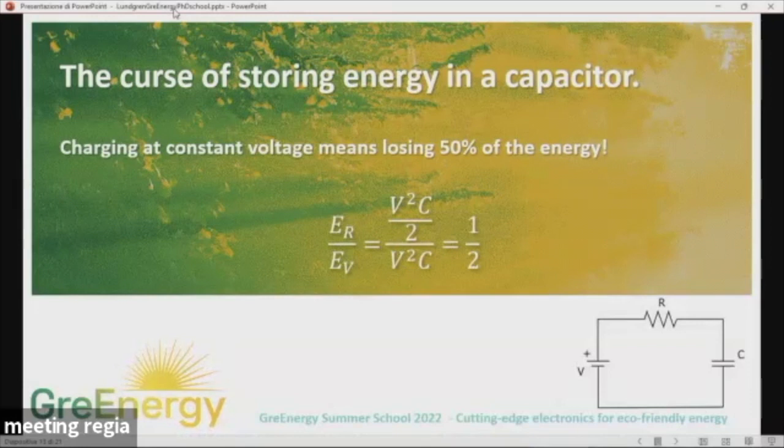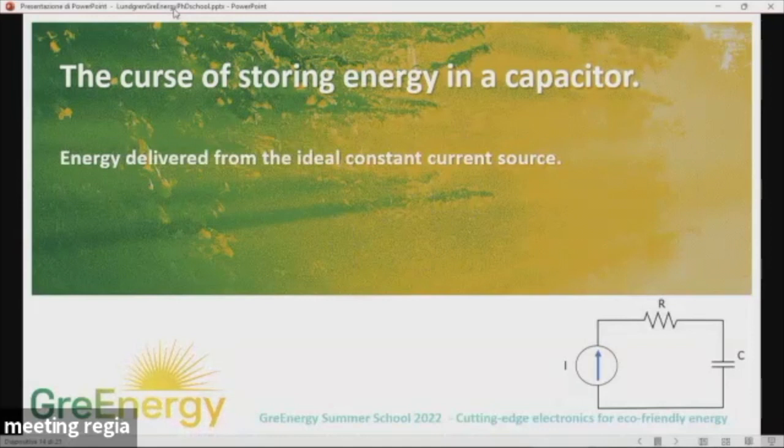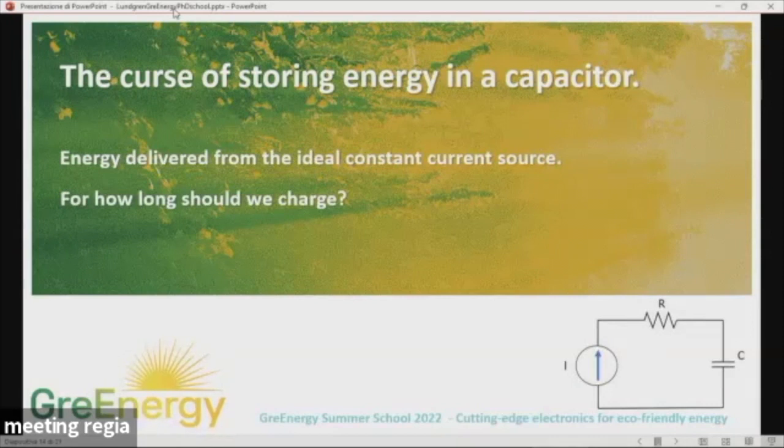So we had ideas of maybe we want to do this slowly. So if we look at using a constant current source instead, we can kind of control the speed of charging here. So we need to say then for how long should we charge, and we say we charge to the same voltage as we used before, to the same top voltage.